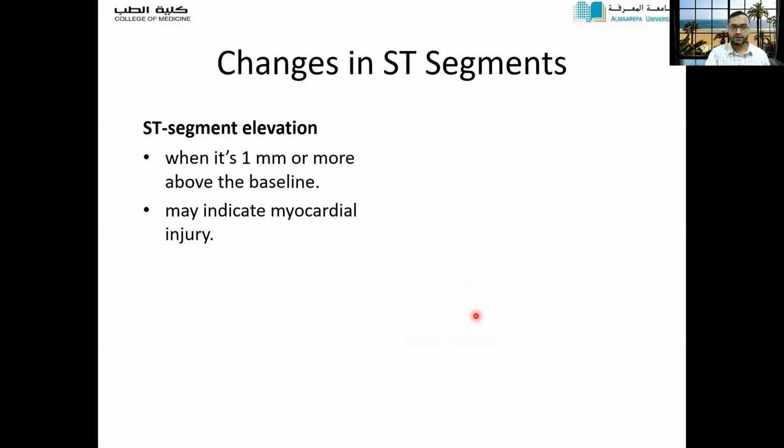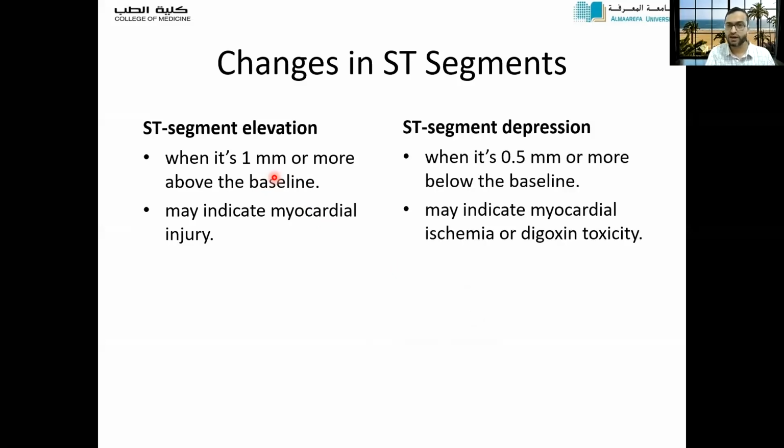Elevation of the ST segment more than 1 millimeter from the baseline is suggestive of myocardial infarction. So if the ST segment is elevated, it gives you a clue about myocardial infarction. But if the ST segment is depressed 0.5 millimeter below the baseline, it is suggestive of ischemia or digoxin toxicity.